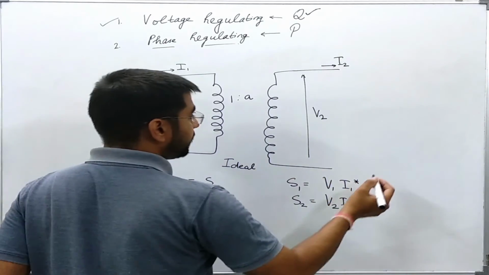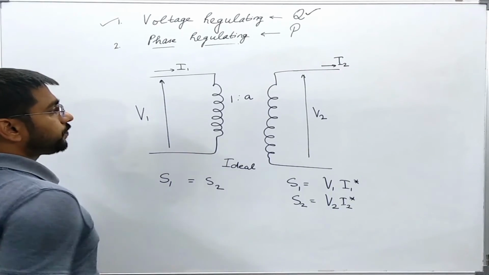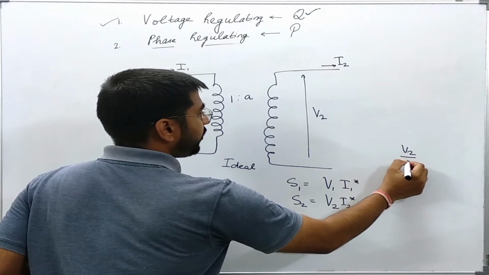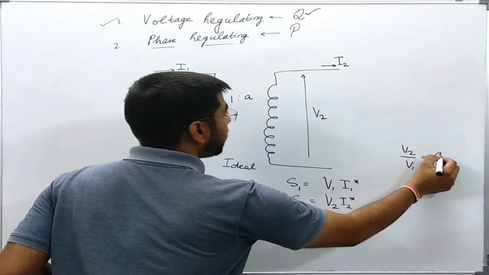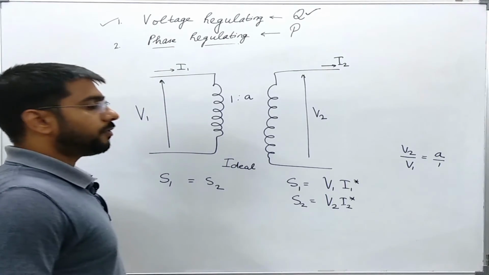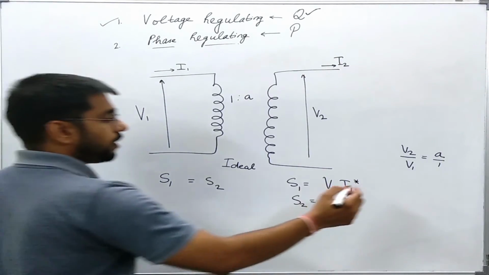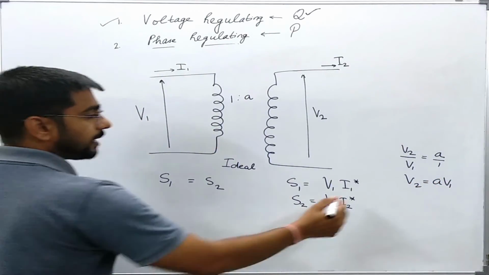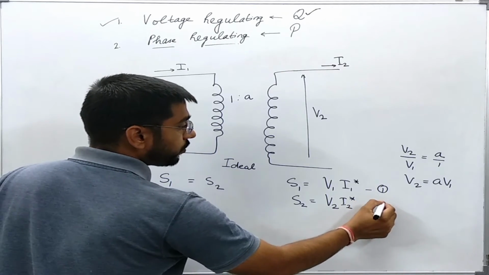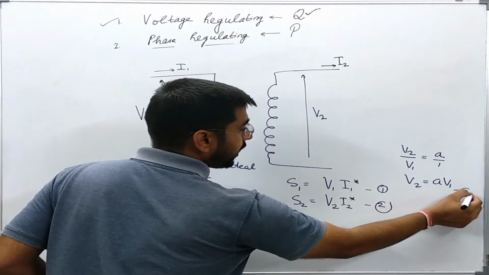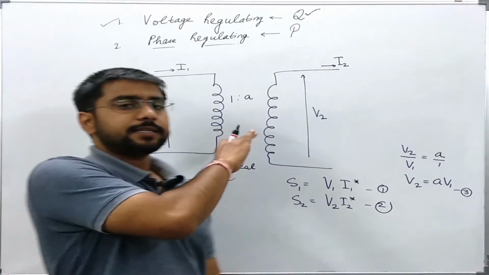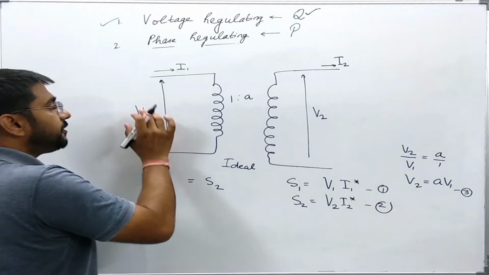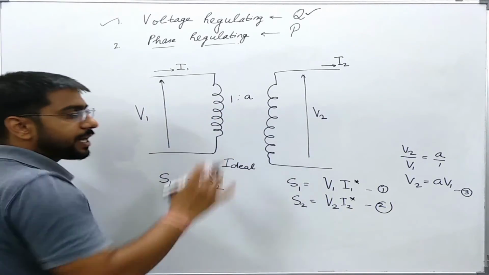So I can write V2 over V1 is equal to A over 1, or V2 is equal to A V1. Let us say this is equation 1, this is equation 2 and this is equation 3. Now here this A is a complex quantity, that is, I am assuming that this transformer is changing the phase of the voltages as well as their magnitudes.